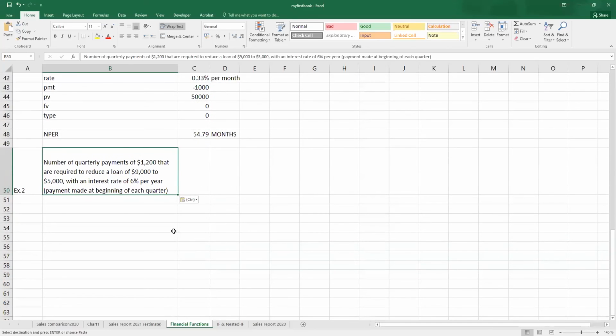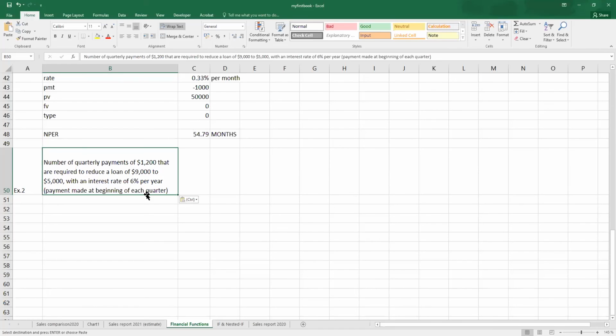I want you to find the number of quarterly payments. That means we would like to find the number of quarters that you pay $1,000 per quarter to reduce a loan from $9,000 to $5,000.